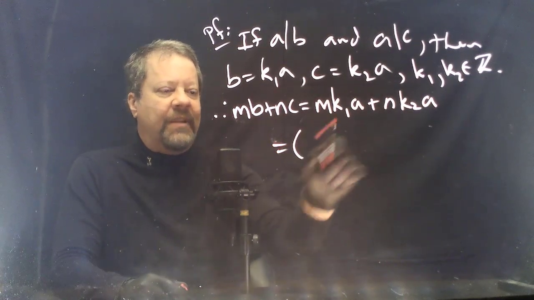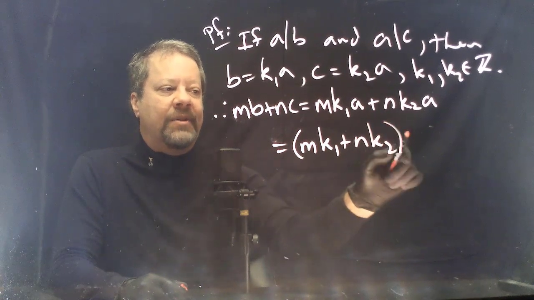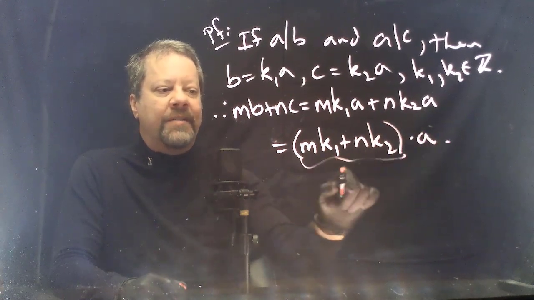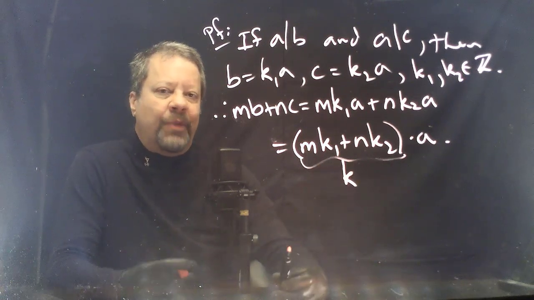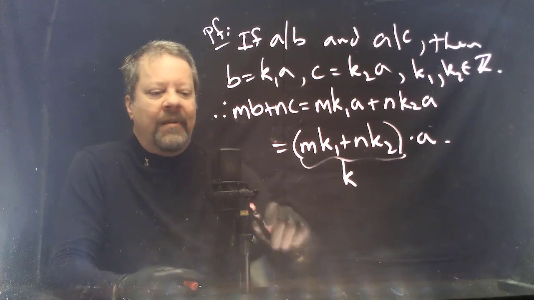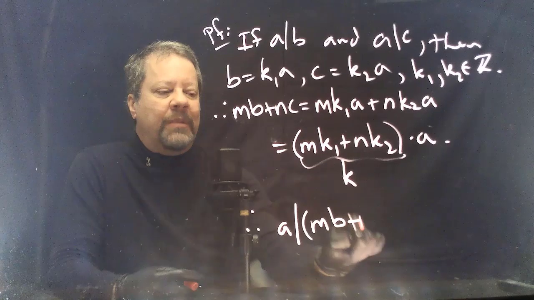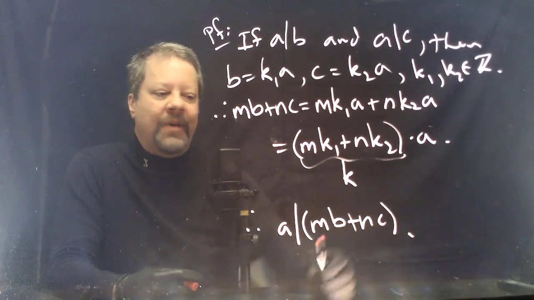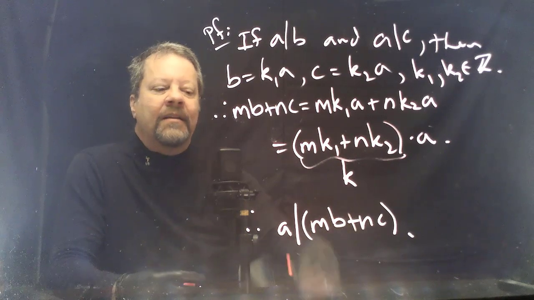It follows then that we have (mk1 plus nk2) times a, where this is just another integer k because of the closure laws of multiplication and addition over the set of integers. We deduce then that a divides mb plus nc. So any combination of b and c with integer coefficients will be divisible by a.